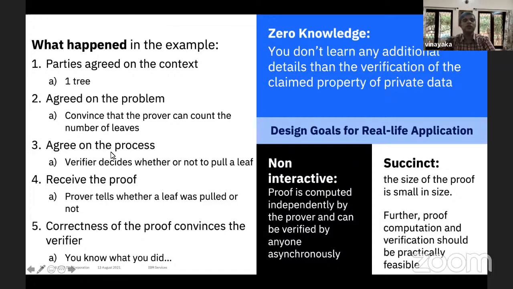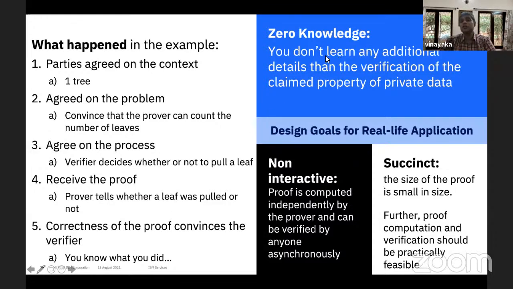How are they going to interact to convince that the prover has a proof and the verifier is able to verify the proof? Okay. And the prover gives the proof, verifier receives the proof, and the verifier is able to convince the verifier that, okay, this is what happened, right?